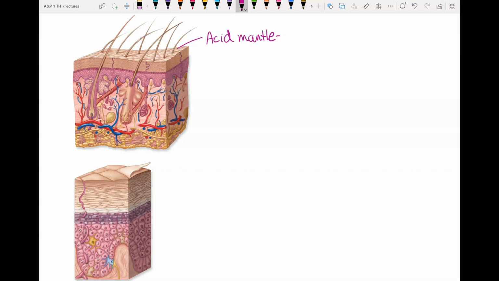Those two substances get to the surface of your skin and they mix together. When you mix those, it forms an acid. And this acid inhibits the growth of pathogens on your skin.